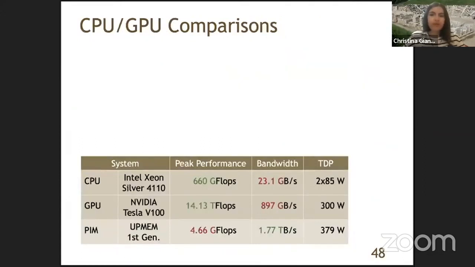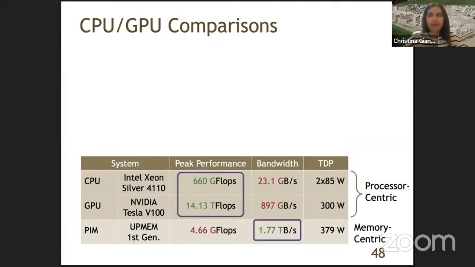So common CPU and GPU systems are processor-centric systems with high computation capabilities, while real PIM systems are memory-centric systems with high bandwidth capabilities.